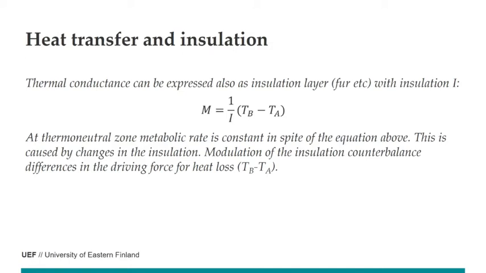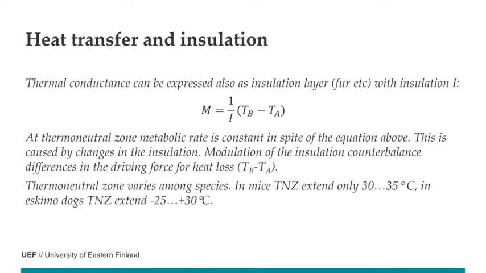So we can increase the insulation in cold all the way to the lower critical temperature, or we can reduce the insulation all the way to the upper critical temperature. And the modulation of this insulation counterbalances the difference in this driving force, so the difference between the body temperature and the ambient temperature.